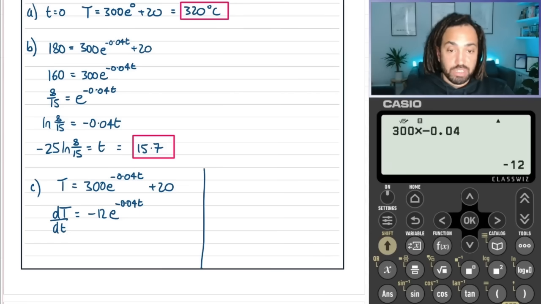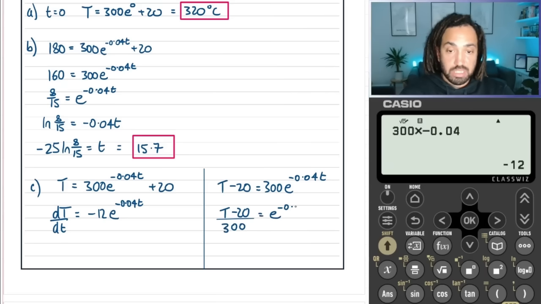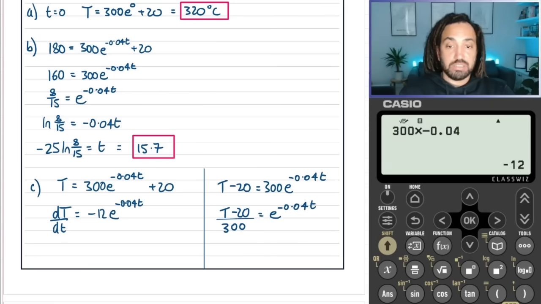Okay, so let's just draw a little line down here. And let's say that T minus 20 is equal to 300 e to the minus 0.04t. And then divide through by 300 gives us this.